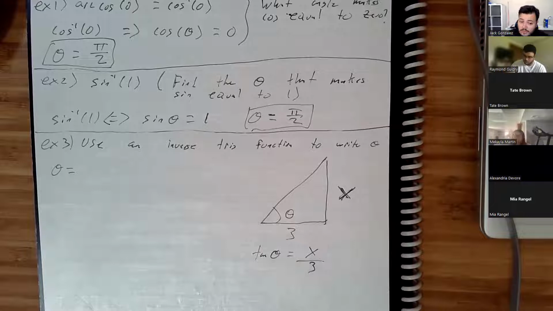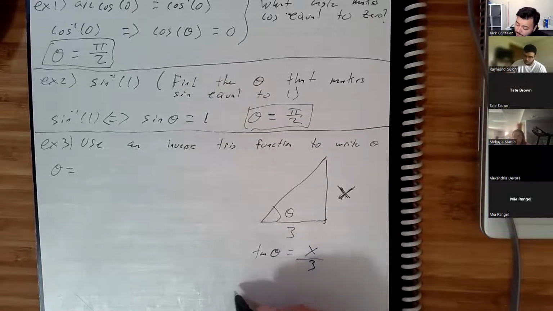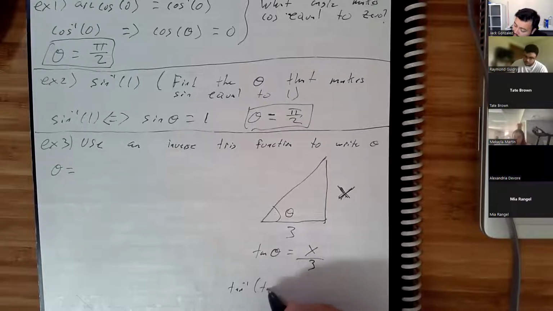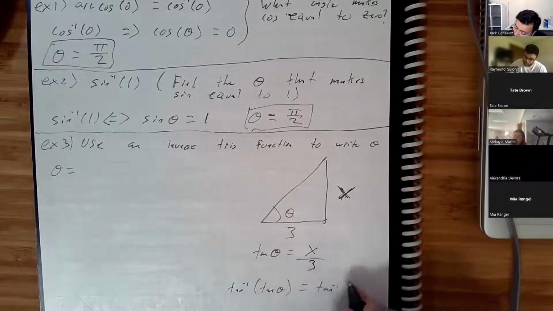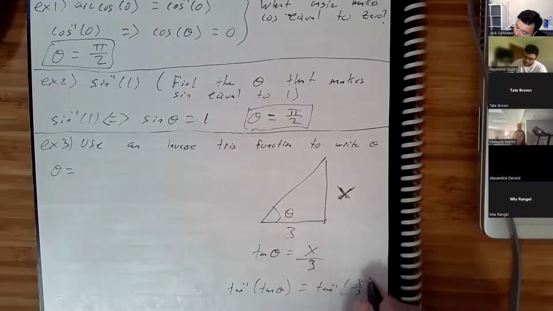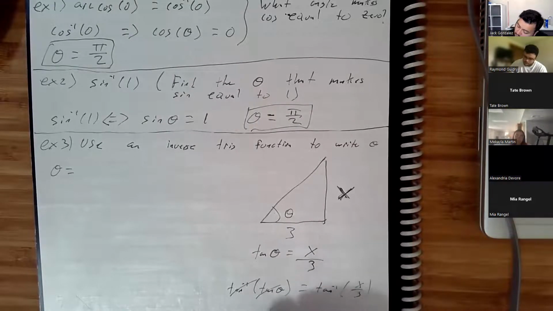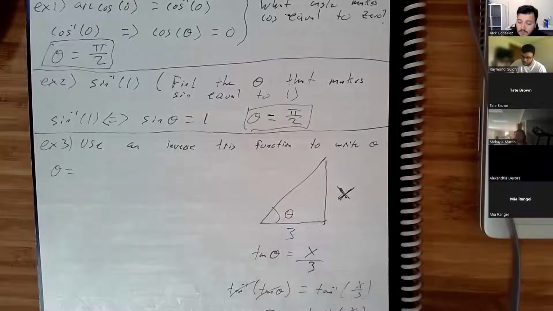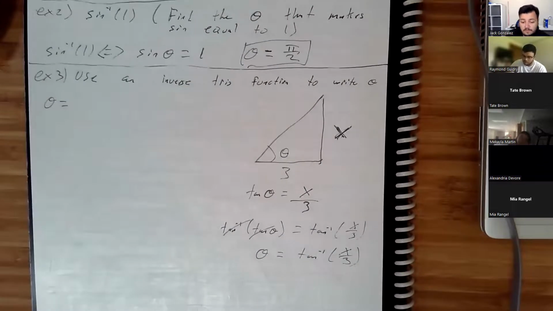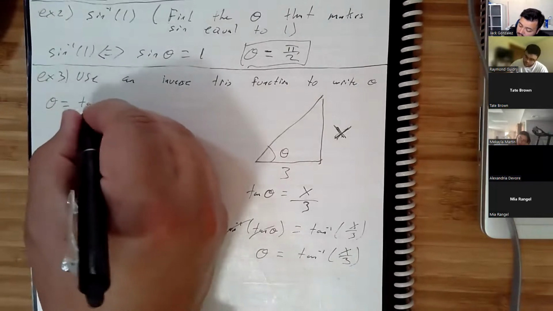So the whole reason we brought up inverses was so we can do this: we take tan inverse of both sides to cancel this, and we get theta equal to tangent inverse of x over 3. So theta is in terms of the inverse function. So this is the answer they want.